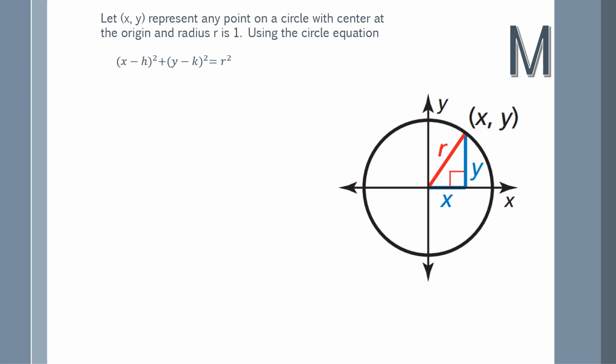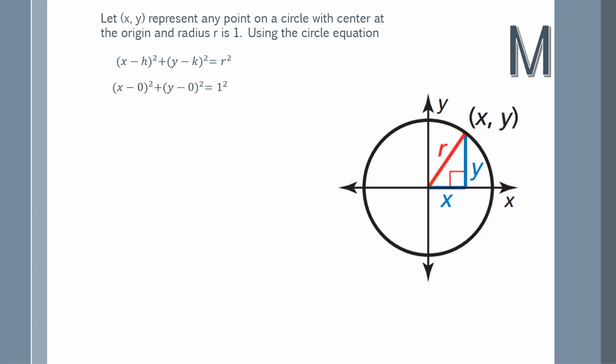Now, this circle definition is what's going to give us our new type of Pythagorean theorem that we have never seen before. So let's do it. We know that H and K being center points is at the origin, so it's going to be 0, 0. So let's plug those in. We get that. And with the radius being 1, that's just going to equal 1.